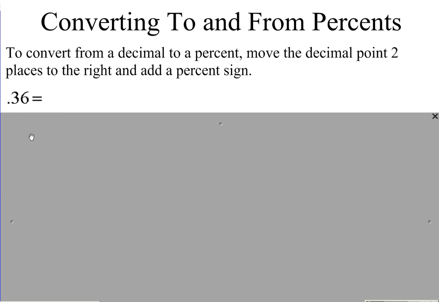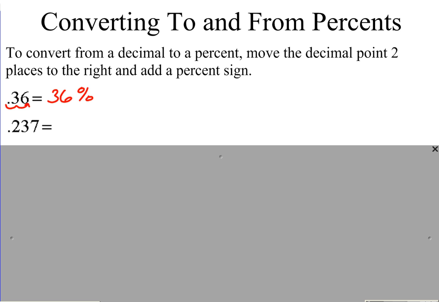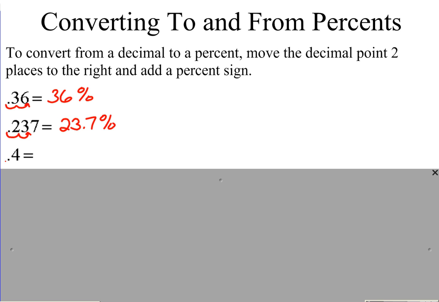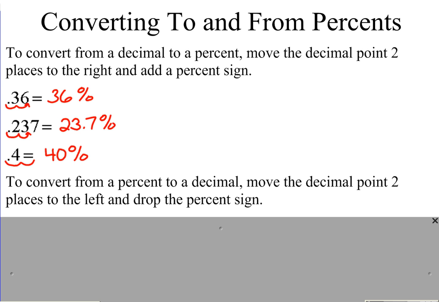Decimal point goes 1, 2 places to the right, add a percent sign. 0.237, decimal point goes 1, 2 places to the right, add a percent sign. 0.4, decimal point goes 1, 2 spots to the right. Now here, to hold that place value position, we need to add a 0 at the end, and then again add the percent sign.